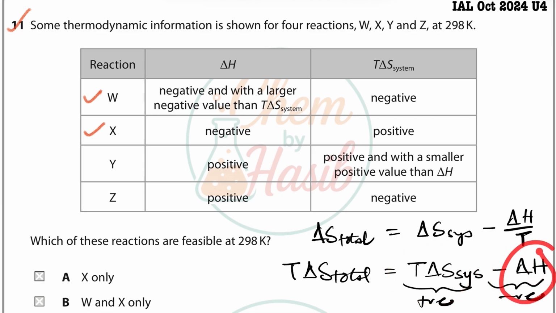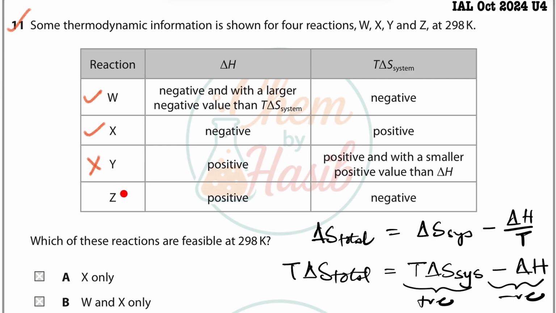The negative quantity has a larger magnitude, so it will make T into del S total negative. Therefore, Y is not feasible. This reaction cannot occur at 298 Kelvin.